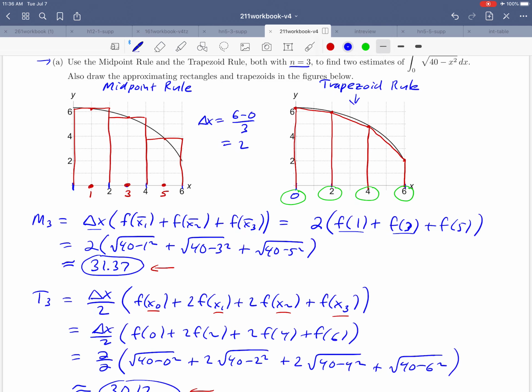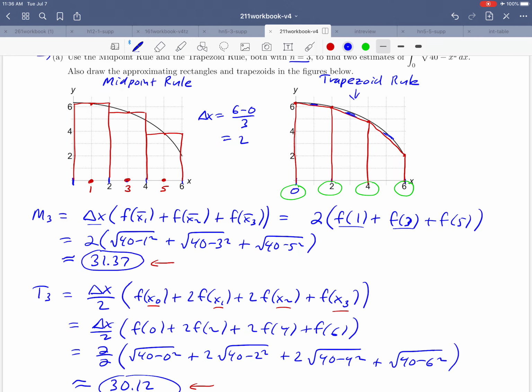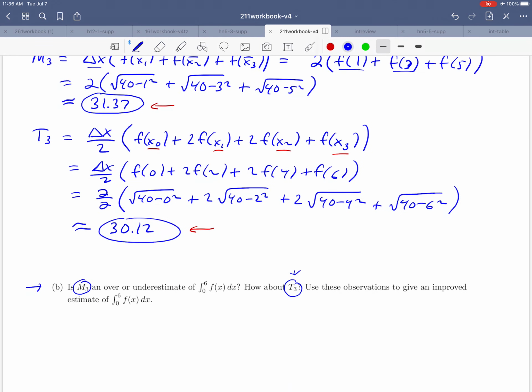Notice that those trapezoids miss a little bit of area, these 3 areas here and here. So looks to me like we're going to get an underestimate of the area, using T3.